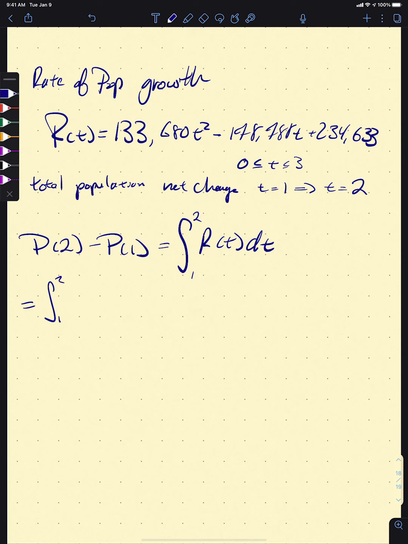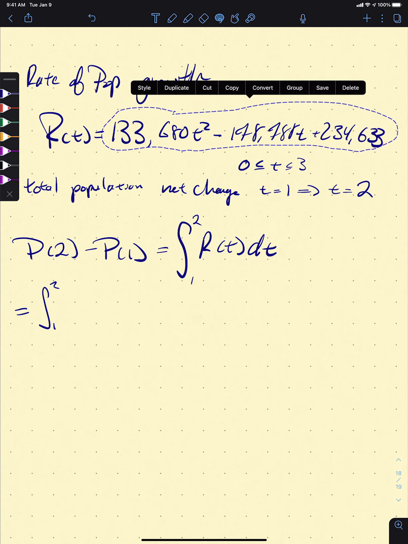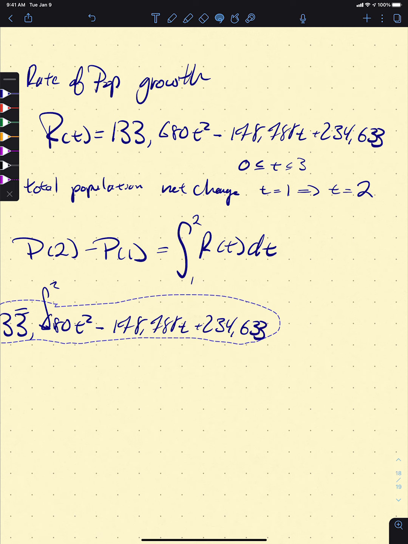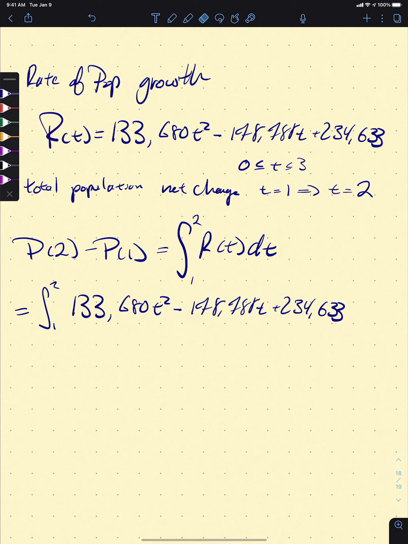This is going to be the definite integral from 1 to 2 of, and I'm going to copy this function so I don't have to write it again, all of that dt. And here we just take antiderivatives.